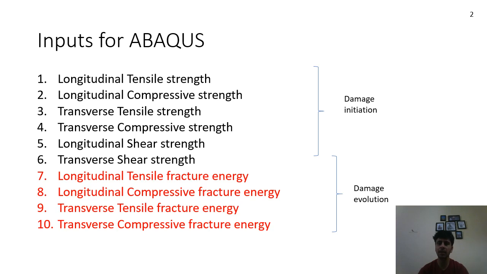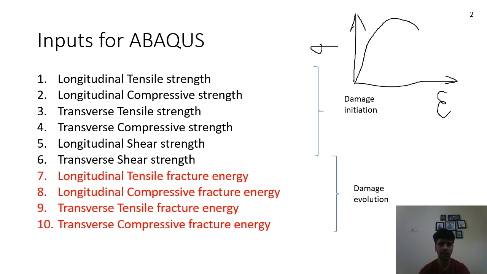Now, what does the term longitudinal or transverse fracture energy mean? In this context, it means the following. Imagine that I have performed a longitudinal tensile test and found that my stress strain curve looks something like this, and somehow I know that the first damage took place here.